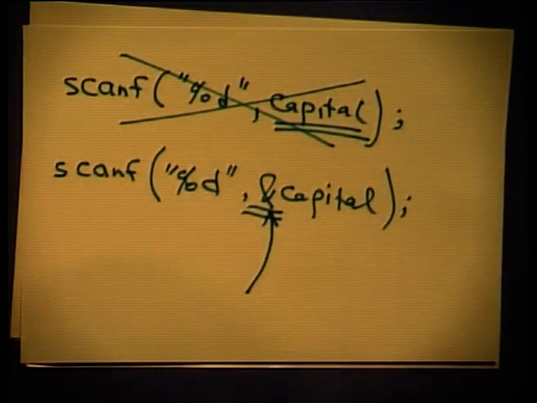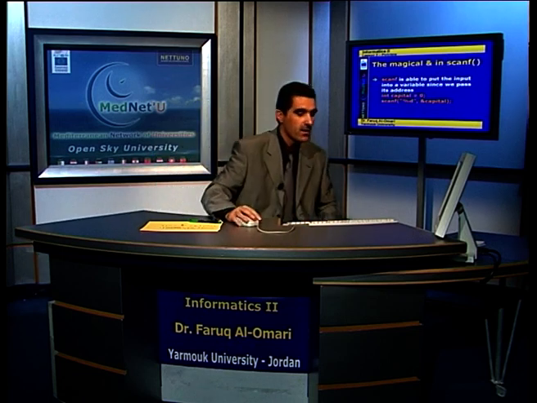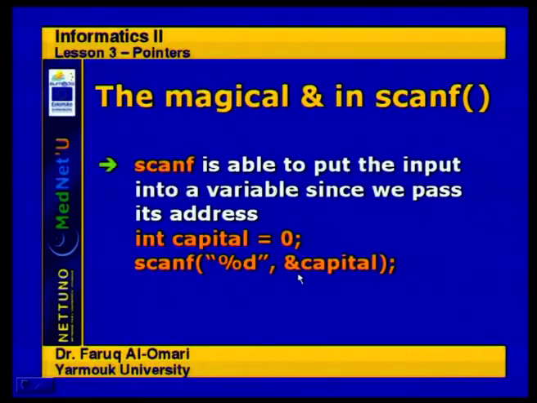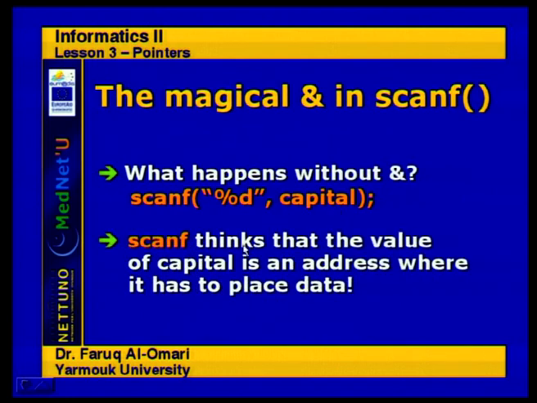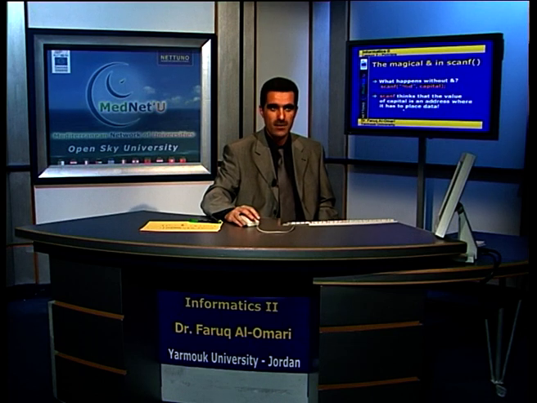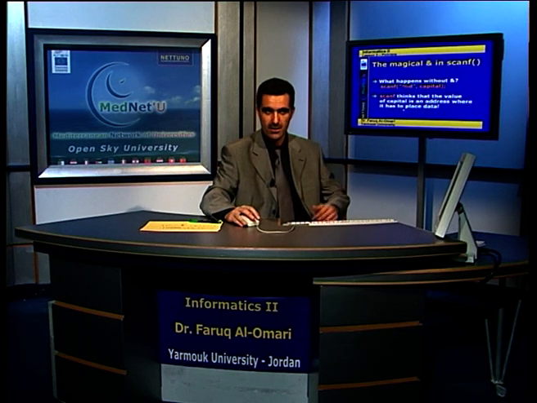That's nonsense. Okay? So that's the magical AND, if you like, which we use in the scanf function. Actually, this is the wrong statement I hinted at. If I attempt something like this, then scanf will think that the value of capital is an address where the data has to be placed. And this is nonsense, of course, because capital is not an address in here.